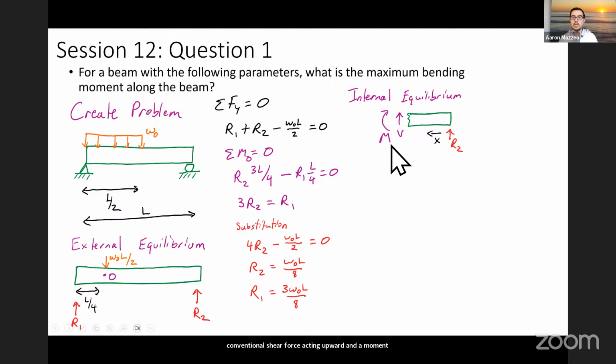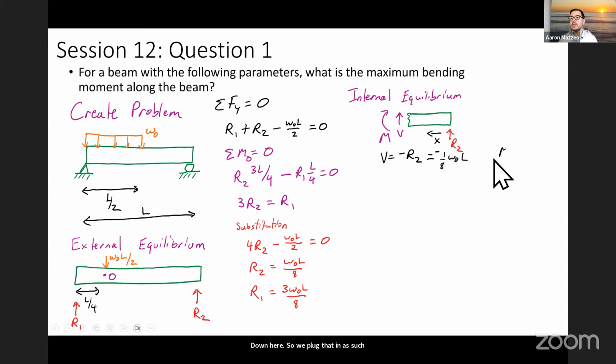We're following the convention here. When we do our calculation for the internal shear force, what do we see? We see V plus R2 has to be equal to 0, so V is equal to minus R2, and we already figured out what R2 was down here, so we plug that in as such.